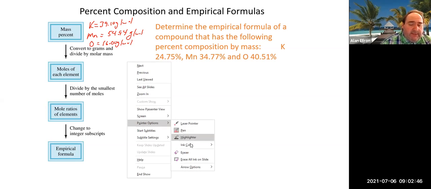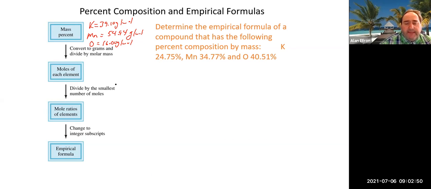Percent composition of each of the elements by mass. So this is a good place to easily convert those percentages into grams by just assuming that we have 100 grams. You can really assume as many grams as you want. The idea of the 100 grams is it keeps these numbers the exact same, so you don't have any changing of the numbers.